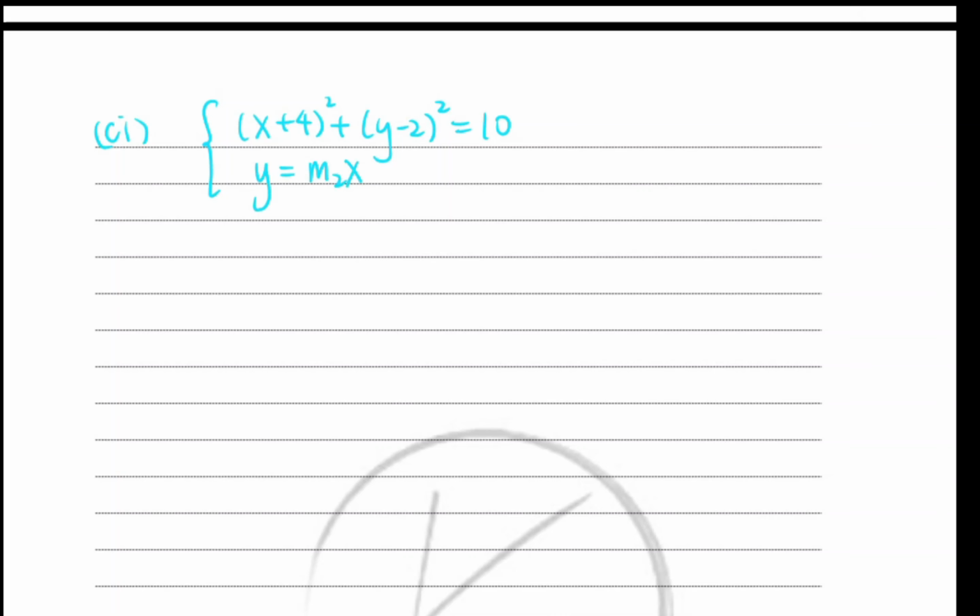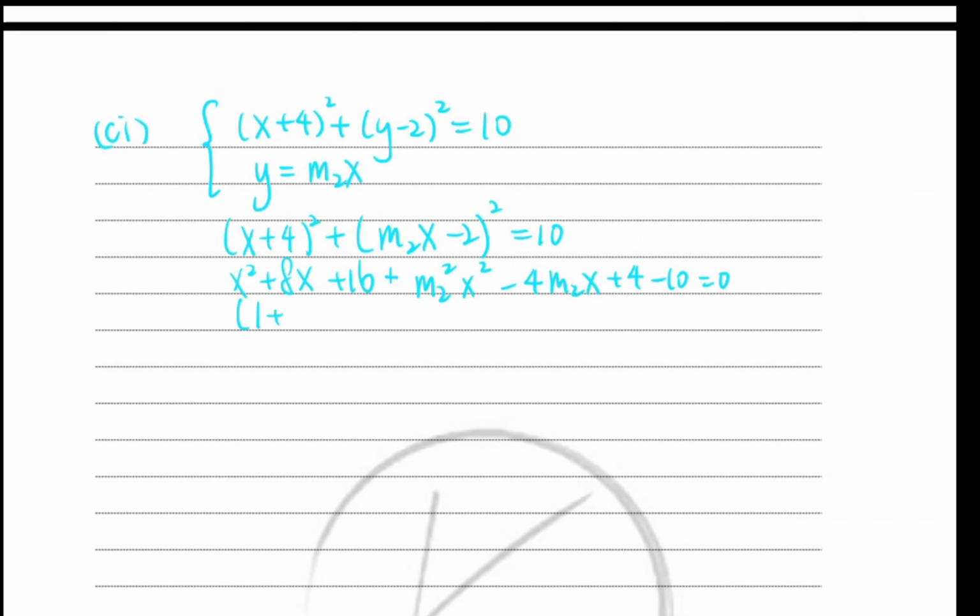We can do the substitution again, so we get x plus 4 all square plus m2x minus 2 all square equals to 10. Expand it again, so you get x square plus 8x, and then plus 16, and then plus m2 square x square minus 4 m2x plus 4 minus 10 equals to 0. And then simplify or maybe factorize out, so you get this one.